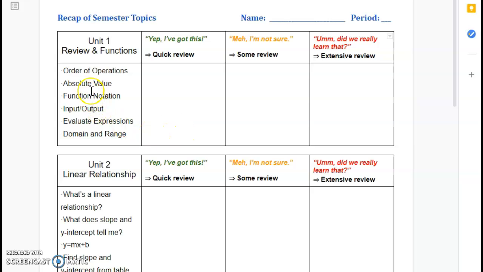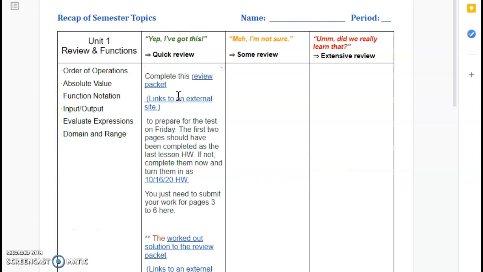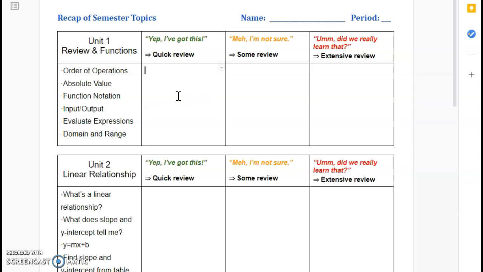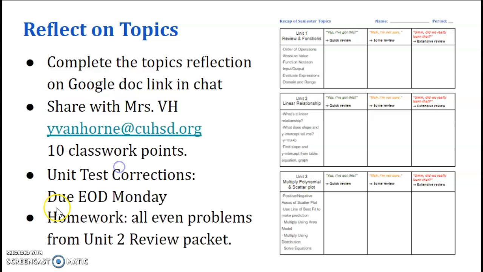You made a copy of this, looked at each of the topics, and moved each topic to where you feel how comfortable you are with it, so that you can see what topics I need to be reviewing.